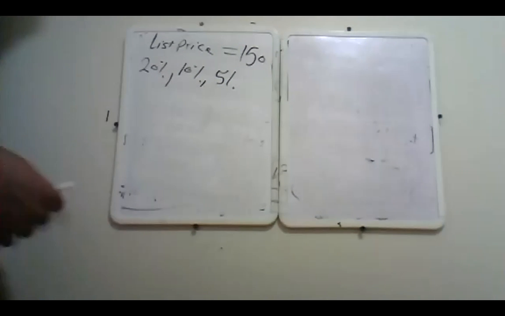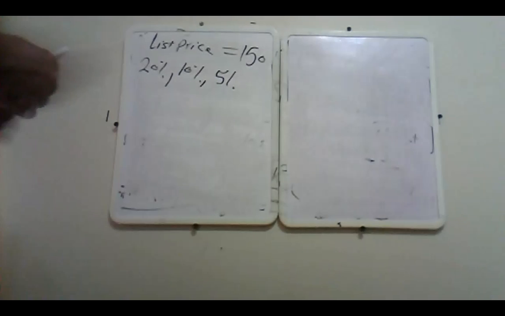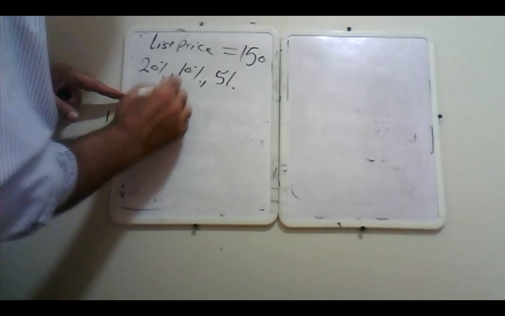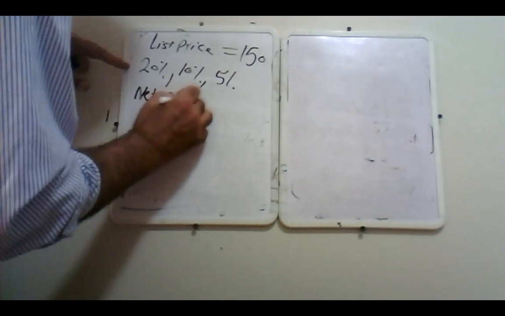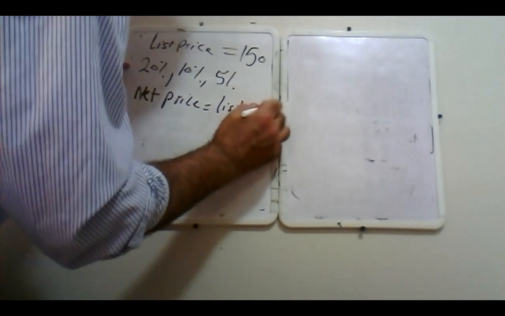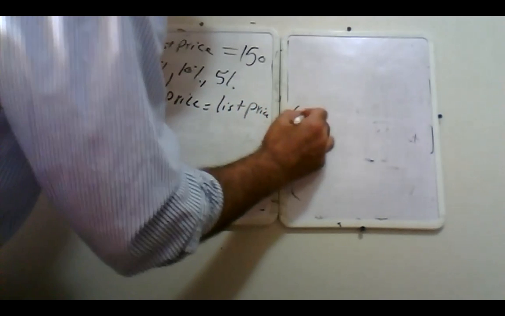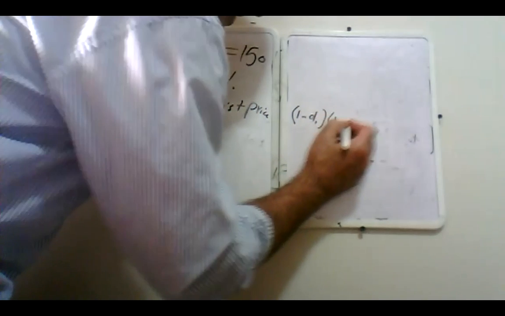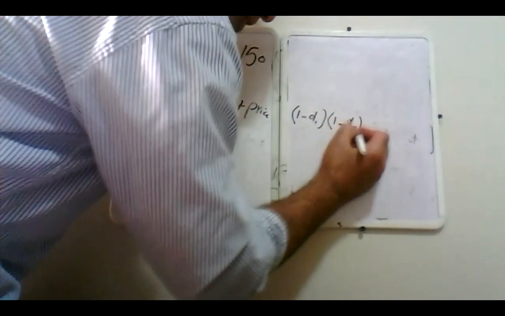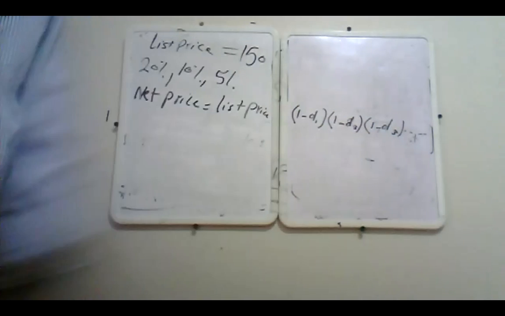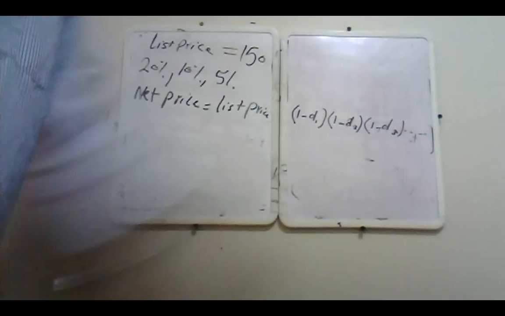So it looks like this. The net price for all of them equals the list price times 1 minus discount 1, times 1 minus discount 2, times 1 minus discount 3, etc. It means if you have many more discounts, it's the same idea.